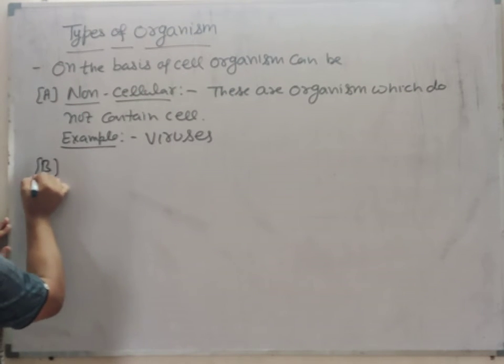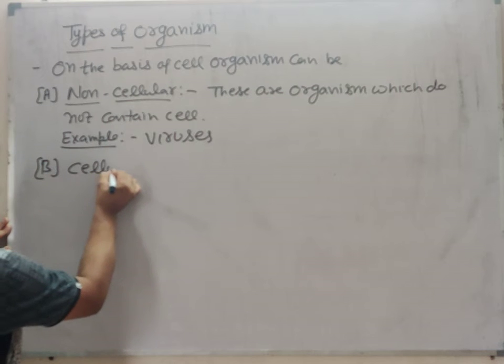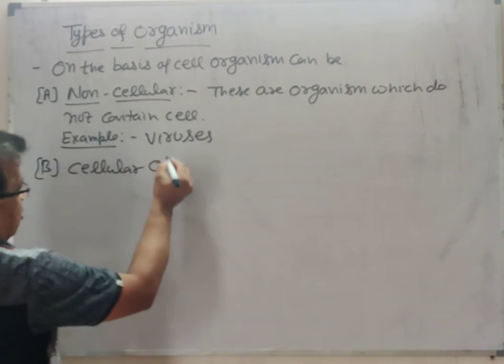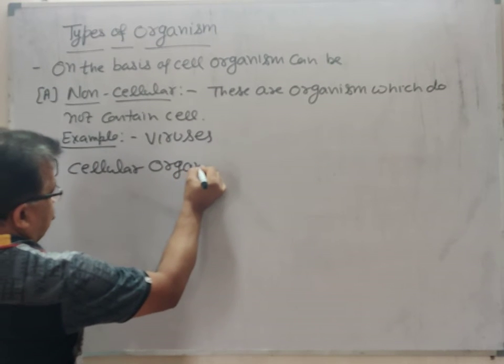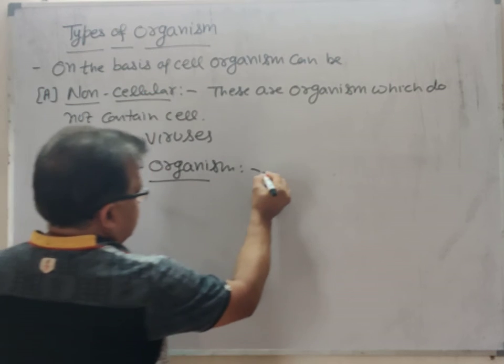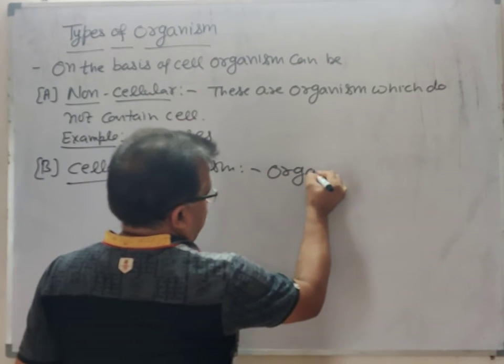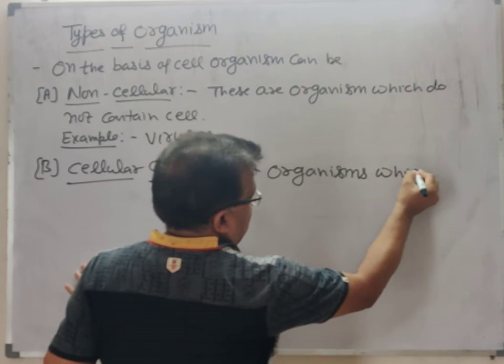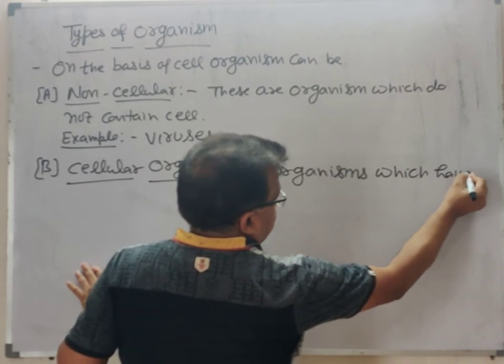B is cellular. These are non-cellular organisms and these are cellular organisms. Organisms which have cells.